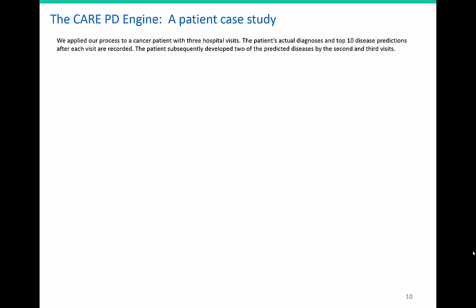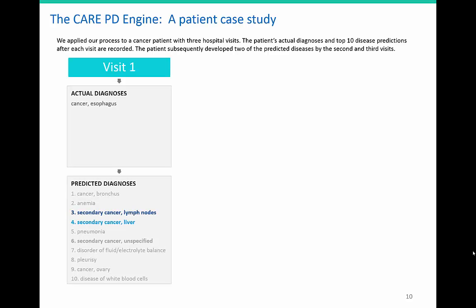This example highlights the visits, diagnoses, and CARE predictions after each of 3 visits of a cancer patient. In the first visit, the patient is diagnosed with cancer of the esophagus. CARE makes its run through the data universe and determines the likely at-risk conditions for the patient to progress to bronchus cancer, anemia, and then secondary cancer of lymph nodes and liver. And the list goes on, as you can see.